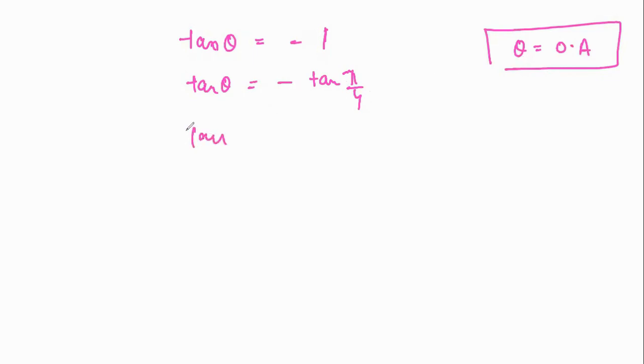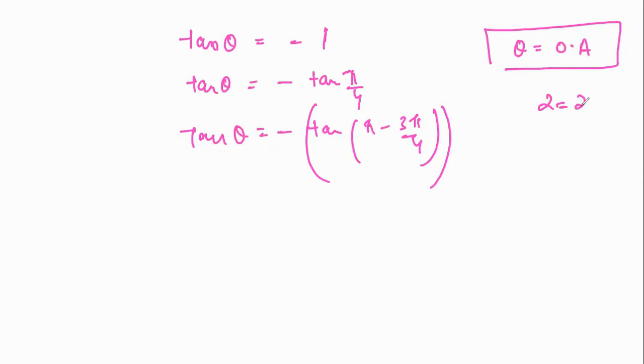So I will write pi by 4 as pi minus 3 pi by 4. Like I write 2 as 3 minus 1, or I can write 4 as 3 minus 3 plus 1. They are both the same. Similarly, I write pi by 4 as pi minus 3 pi by 4.